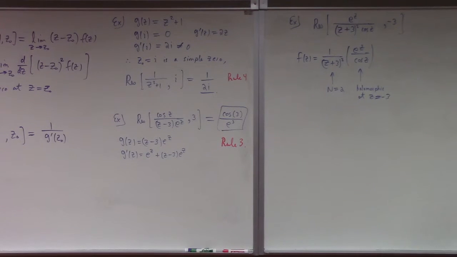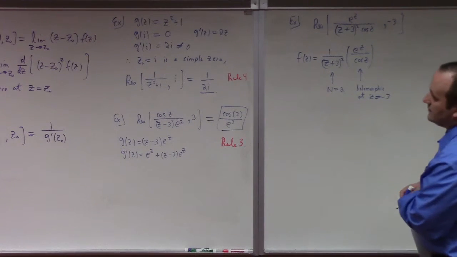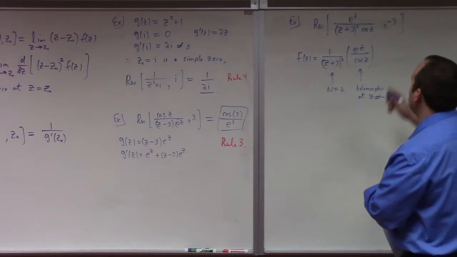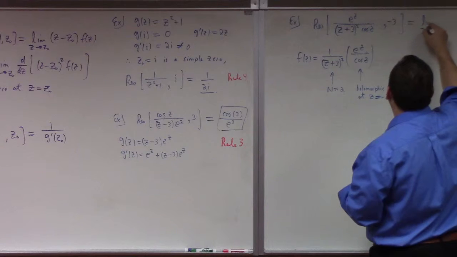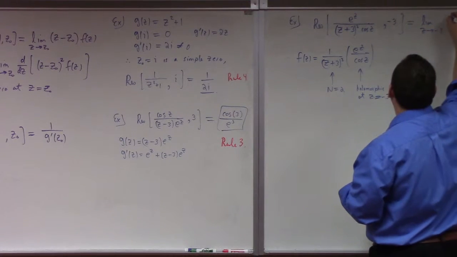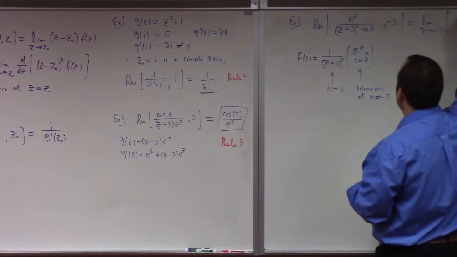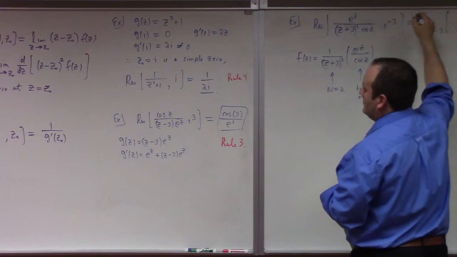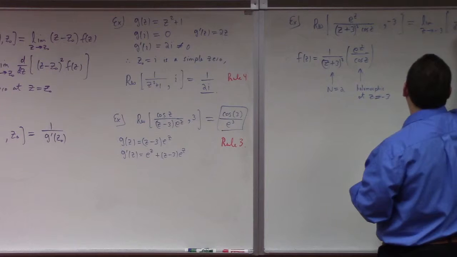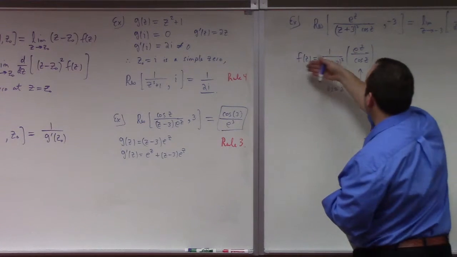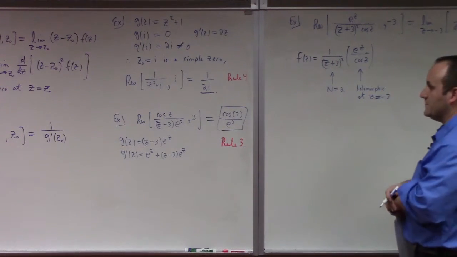So by our structure theorems from previous classes, that is clearly something with a pole of order 2 at minus 3. So I can apply rule number 2, and this is going to be the limit as z goes to minus 3 of the derivative with respect to z of what? We multiply this by (z plus 3) squared. What does that do?